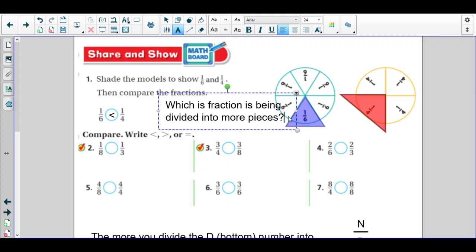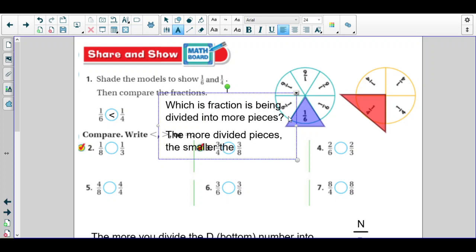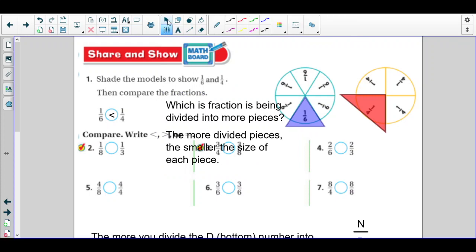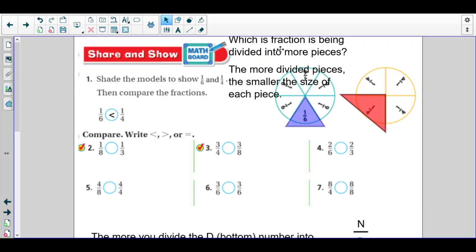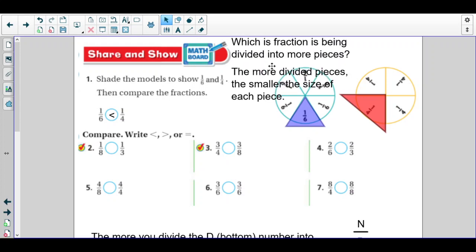And then the more divided pieces, the smaller the size of each piece. Very profound. All right, we'll kind of put that maybe right down there, see if we can figure this out.